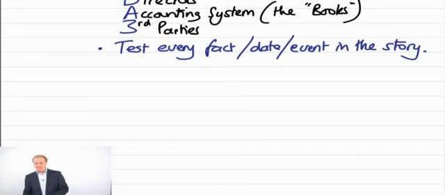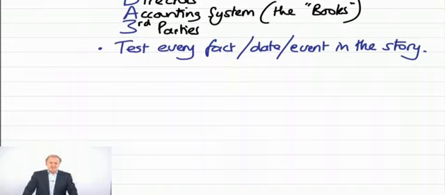And what's nice about that method is you don't need to actually understand why you need to check that those facts are correct. If it says something happened on October the 14th, 2014, check it happened on that date. You don't need to necessarily understand why it's important that you do know it happened and it did happen on that date. Just check it. Otherwise, if it wasn't important, why would she tell you?